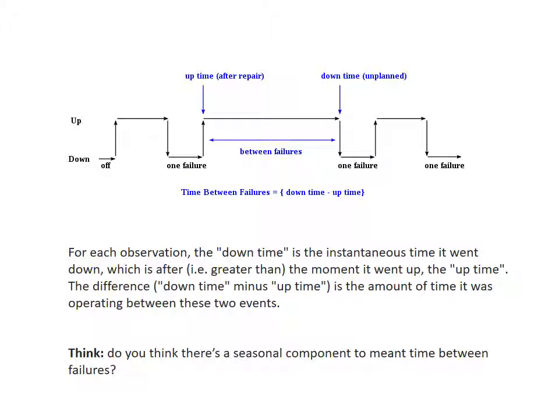You can also derive the mean time between failures empirically, right? You might have a time series of on and off. For a power plant, you might have a record of how long it's operational before it experiences a forced outage, and then how long it's offline when it does experience a forced outage.